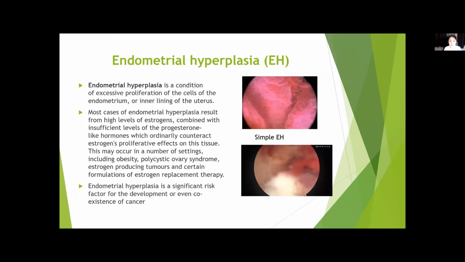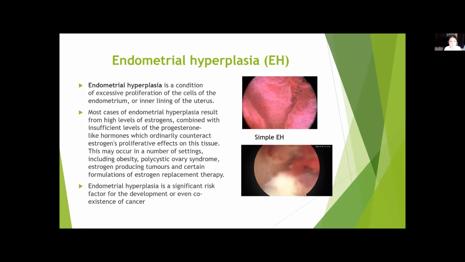Endometrial hyperplasia is a condition of excessive proliferation of the cells of the endometrium, or inner lining of the uterus. Most cases result from high levels of estrogens combined with insufficient levels of progesterone-like hormones, which ordinarily counteract estrogen's proliferative effect on this tissue.